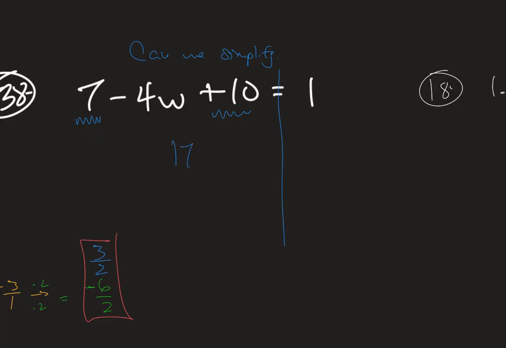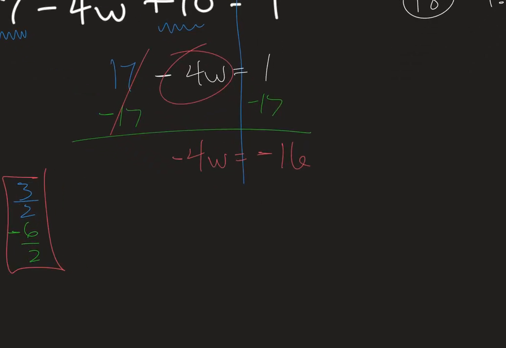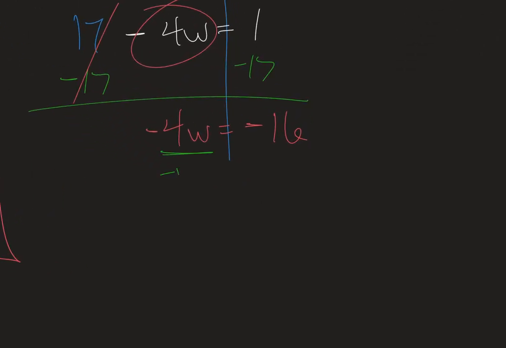They combine to be 17. And then there's minus 4w equals 1. So now I'm going to subtract 17 from both sides. The 17's cancel, leaving us with negative 4w, and that's equal to negative 16. We can divide by negative 4 on both sides.